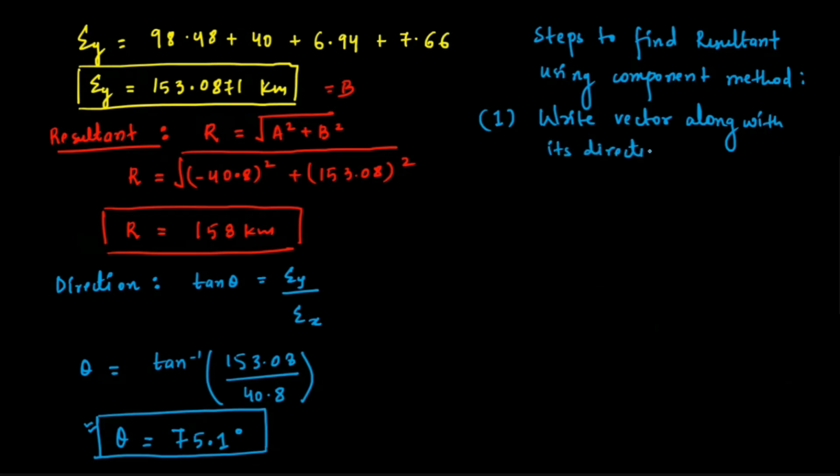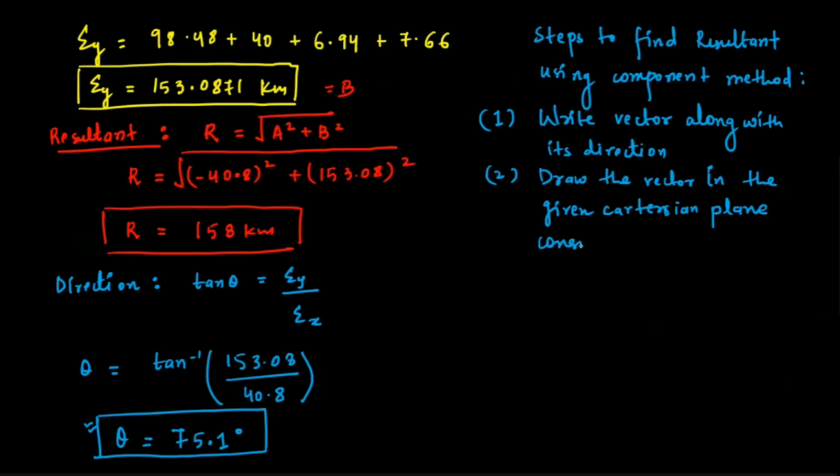Second step, once you have done with the written part, draw the vector in the given Cartesian plane, considering its direction. Without direction, we cannot draw it.